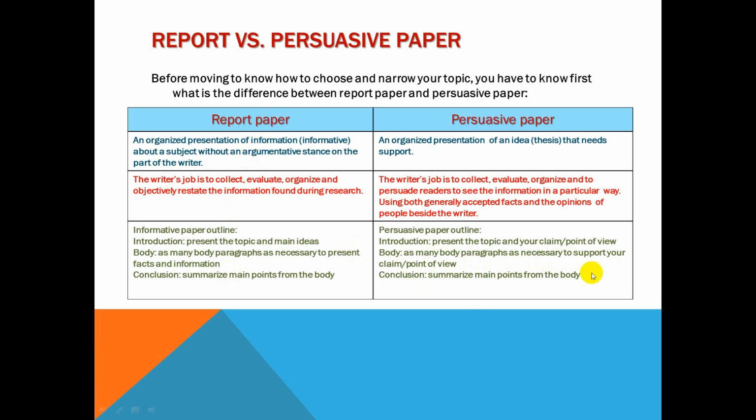Why? To support your claim, viewpoint, or point of view. So its purpose is different. The purpose here is to make as many paragraphs in the body to do what? Not to explain, just to present information. No, to support your claim, to present your viewpoint. Okay, this is the difference.